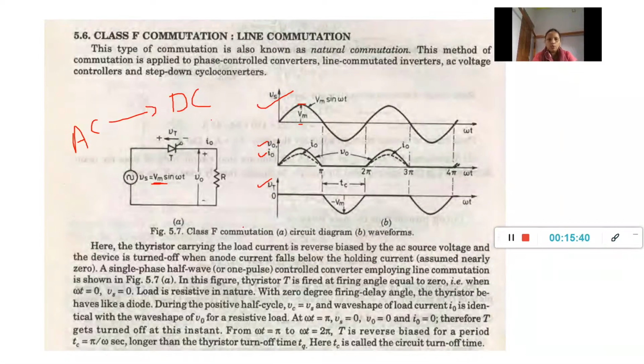The thyristor carries the load current from source to load. When we give a positive supply, the thyristor is in forward blocking state. But when we give the gate signal to the thyristor, then the thyristor is in forward conduction state, which means the thyristor is in on state. Once the thyristor is in on state, the source is connected to the load through this switch.